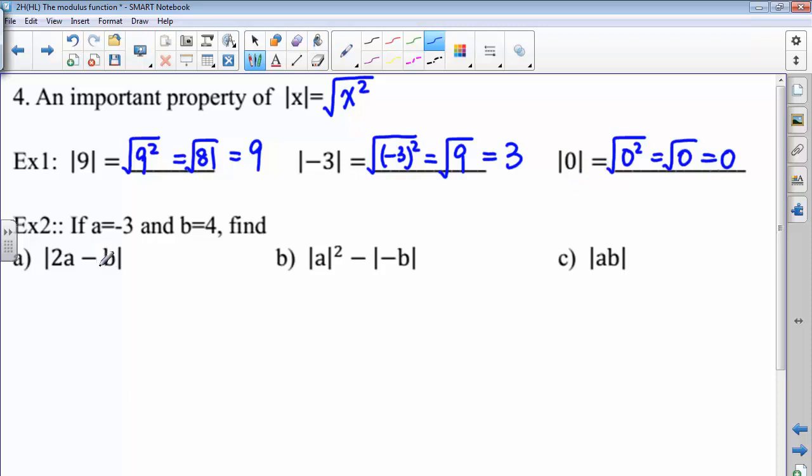Okay, let's look at example 2. If I know the A value is negative 3 and the B value is 4, find each value.